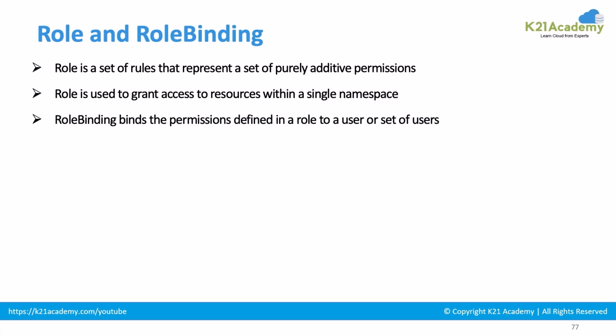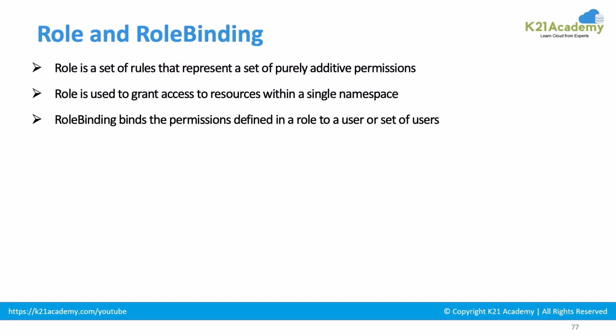Role will define the set of rules, which are additive permissions that can be granted to the user who belongs to this particular role. As soon as a user, or a group of users, belongs to this role, they will get access to whatever is granted inside this role.